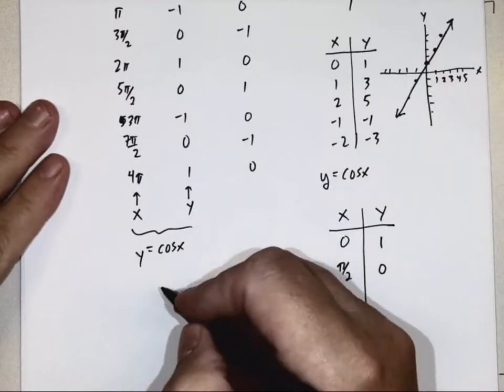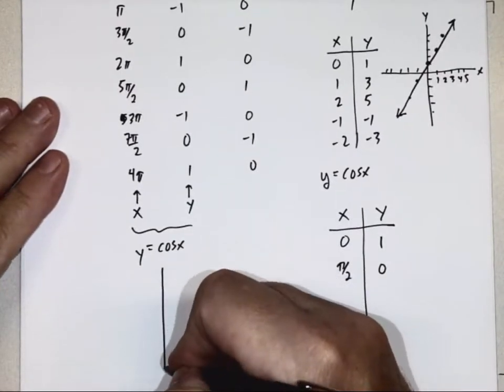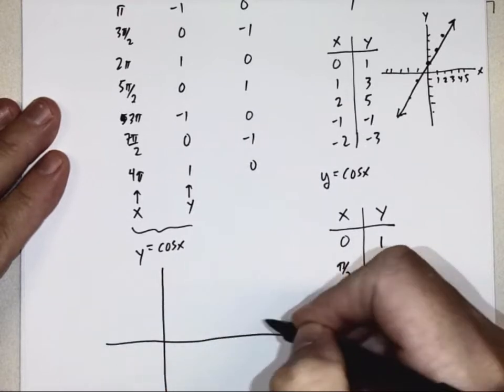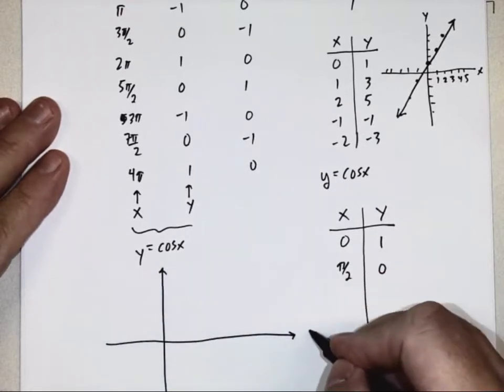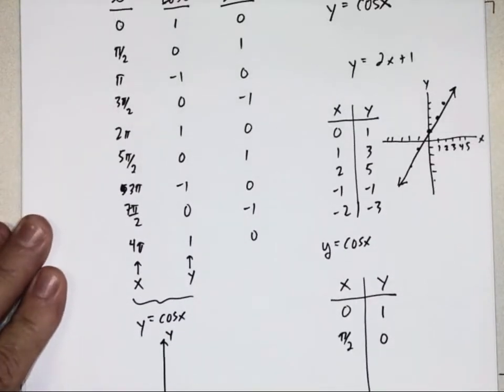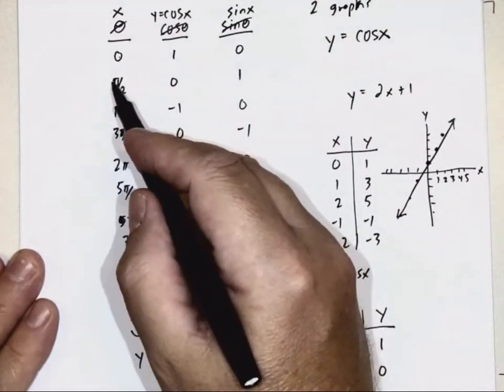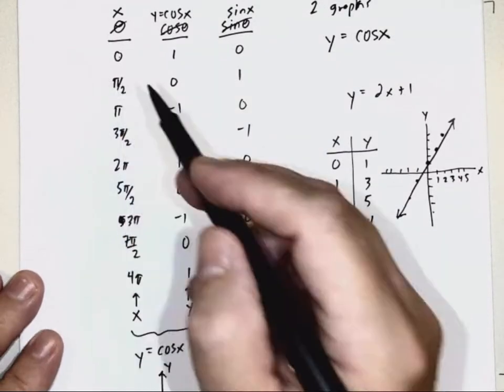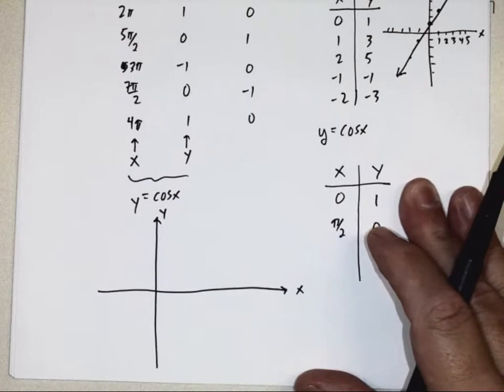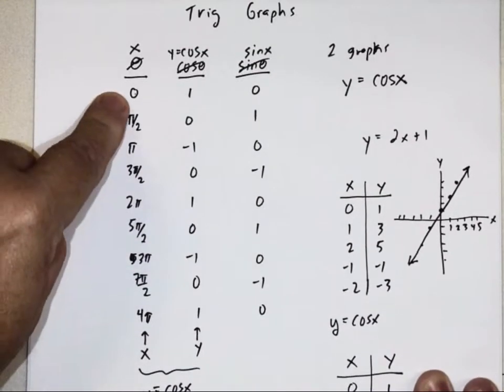I can draw my x and y axis, but am I supposed to get a calculator and figure out what pi over 2 is? 3.14 divided by 2?